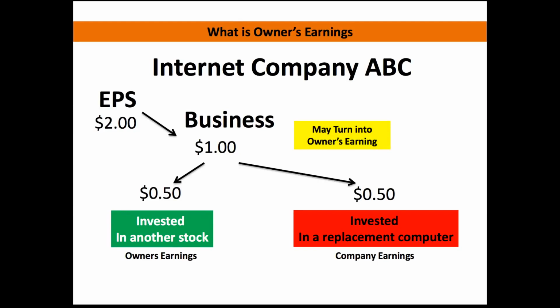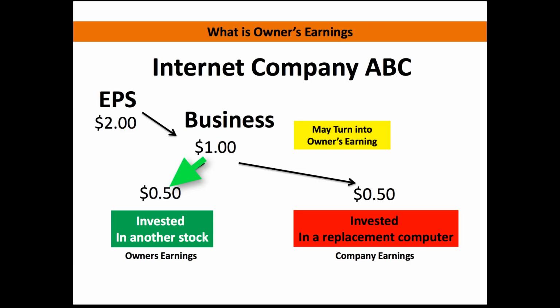So when we look at this, you can see the EPS of $2. We invest $1 back into the business. Okay. And we're going to look at just two paths that dollar could be invested. It's obviously a whole lot more than this, but in order to make this make sense, we're just going to do two paths. So on one path, over on the left, you can see that 50 cents was used to invest in another stock. Okay?